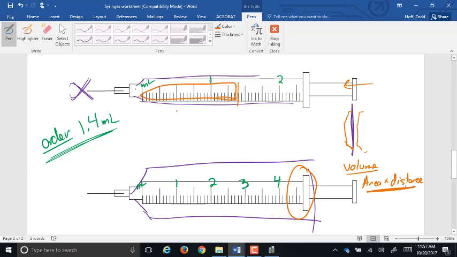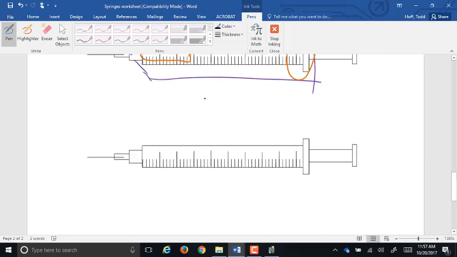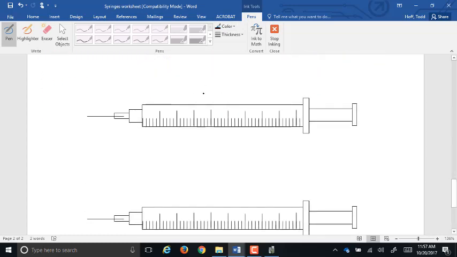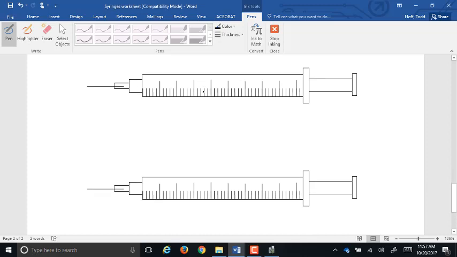You'd fill it up to there. 1.4 here would be right to there. Which syringe is fuller? The top one. What's that?